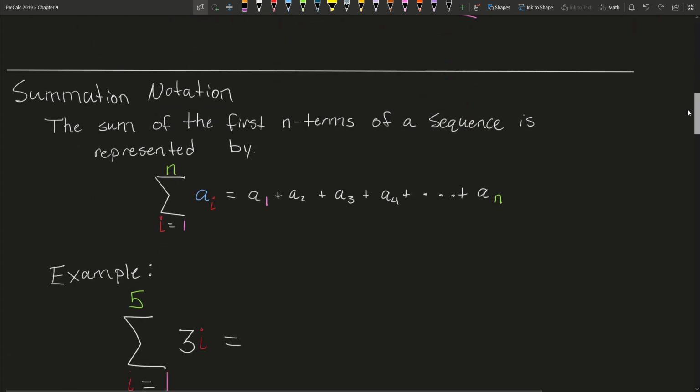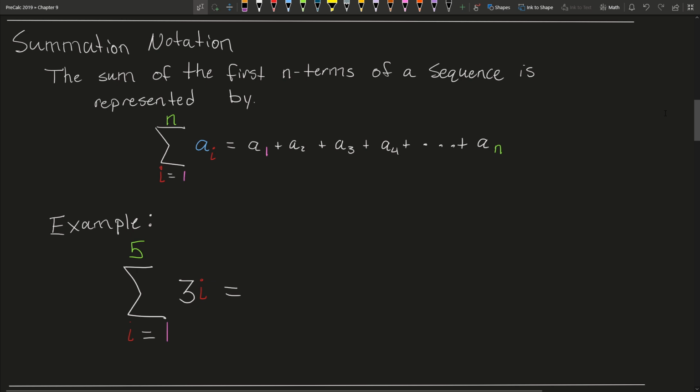Right. So now, some new stuff. And this is the same thing as sequences. We're just adding one little notation and a concept, okay? And that's summations. So the sum of the first n terms of a sequence, right?